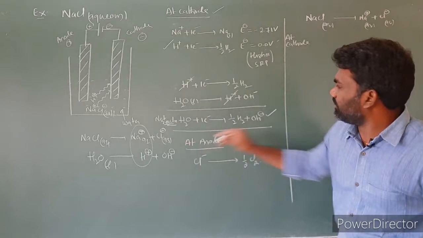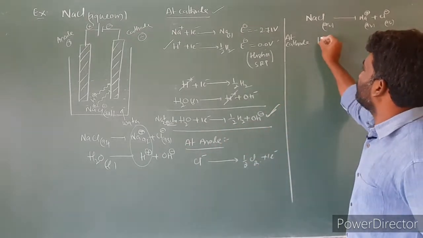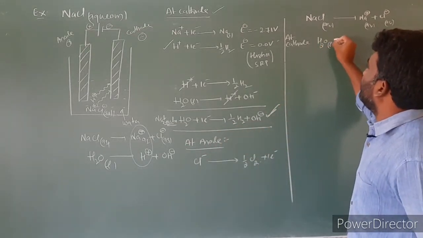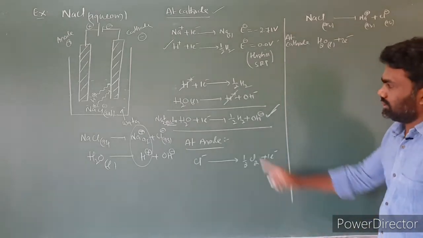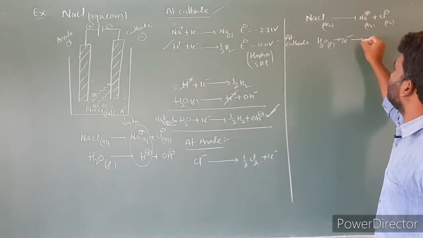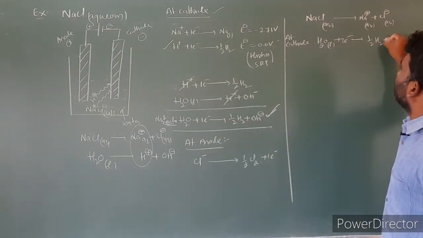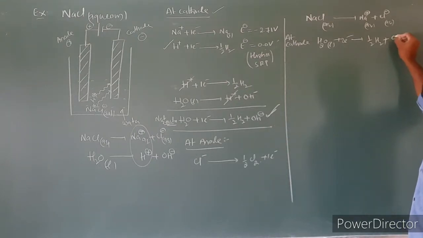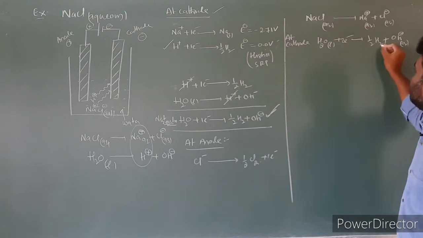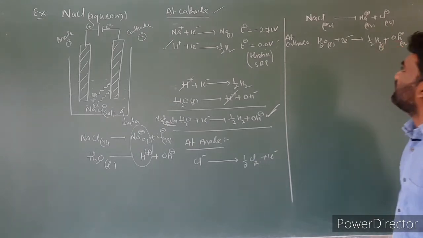What is the reaction at the cathode? H2O liquid plus 1 electron gives rise to half H2 plus OH minus. This is in aqueous state, this is gaseous form, this is liquid.